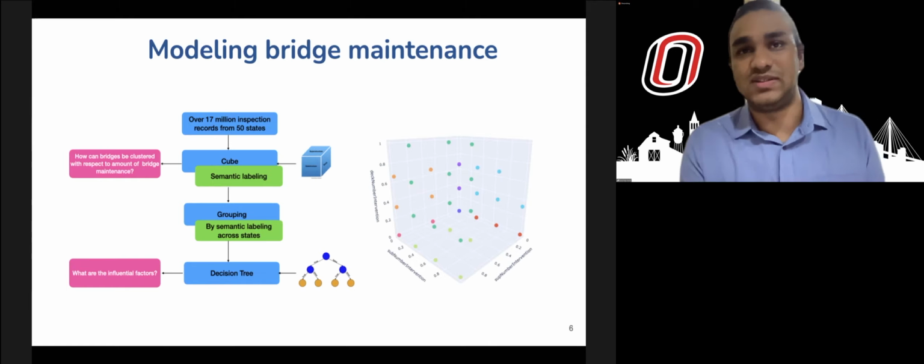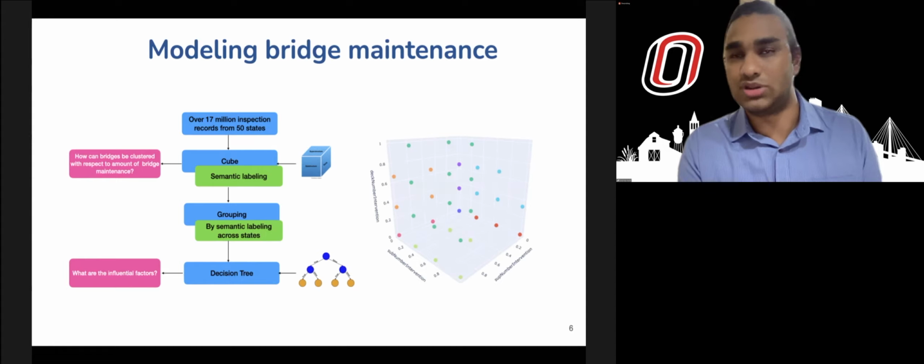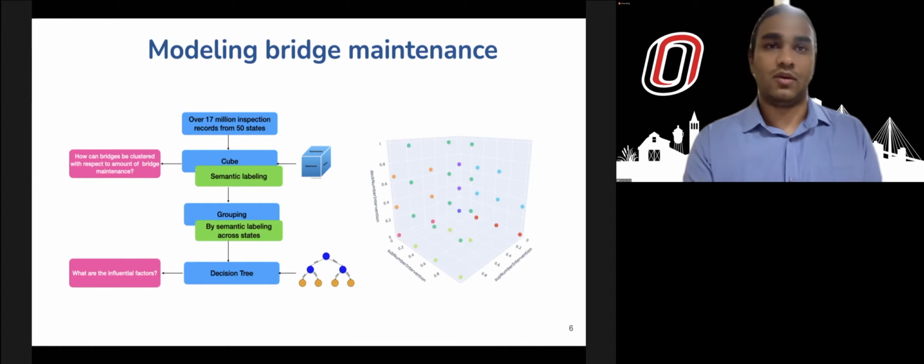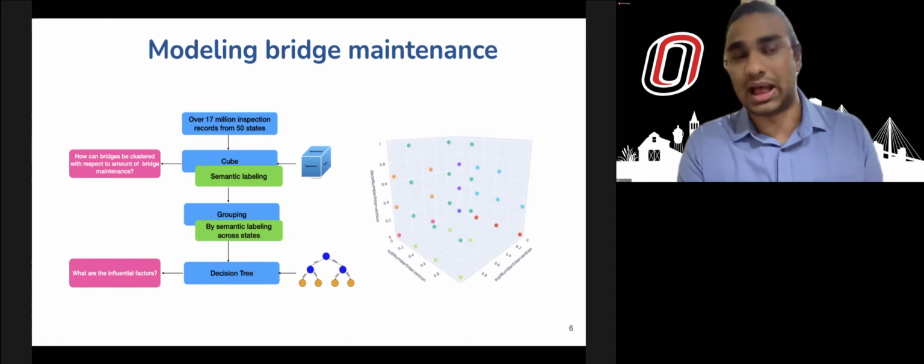And once we have these different groupings, which represent what kind of maintenance activity is being performed on that bridge, we run a machine learning algorithm to find influential variables and, more importantly, find how these influential variables are interacting with each other.